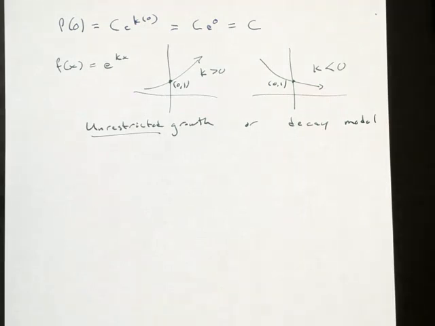And it is therefore limited in some sense of realism. Because if you think about what happens when, say, k is 2, then I get e to the 2x, and that graph just shoots up to infinity. I'm growing bacteria in a dish. Am I going to get infinity bacteria? Doesn't make sense, does it?